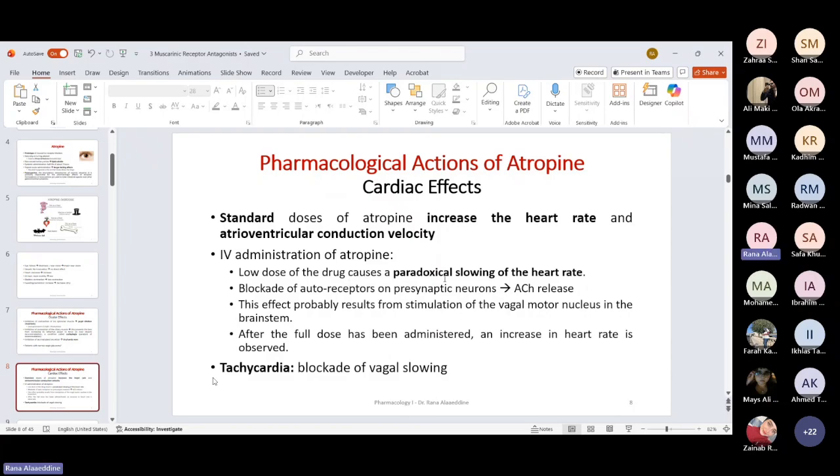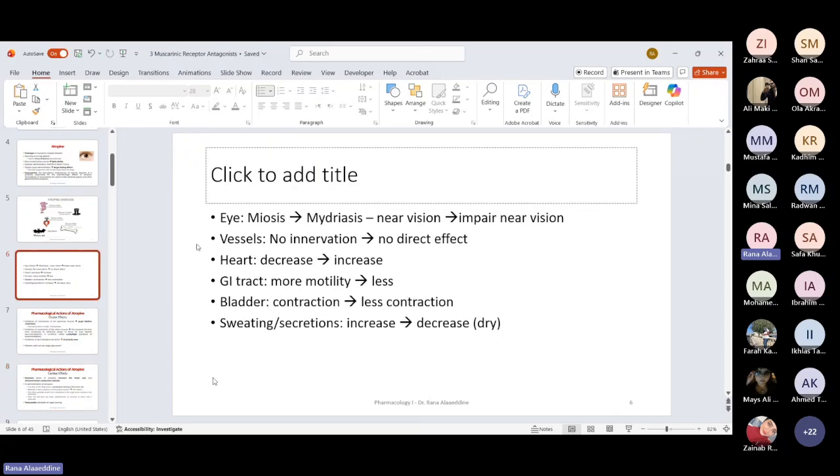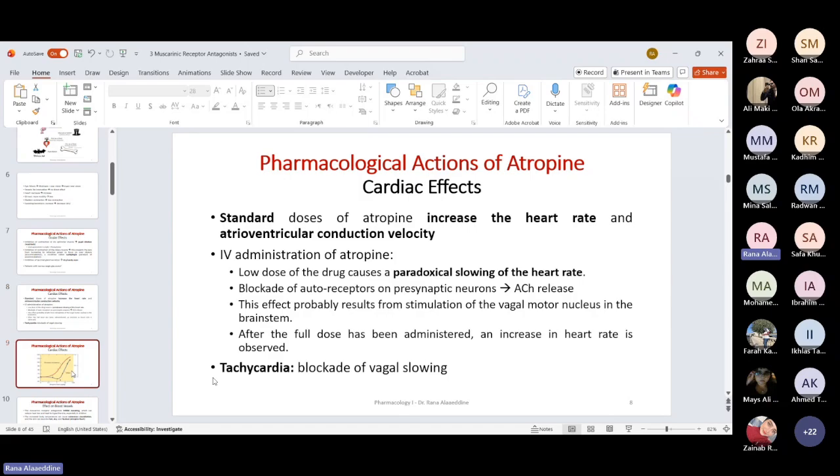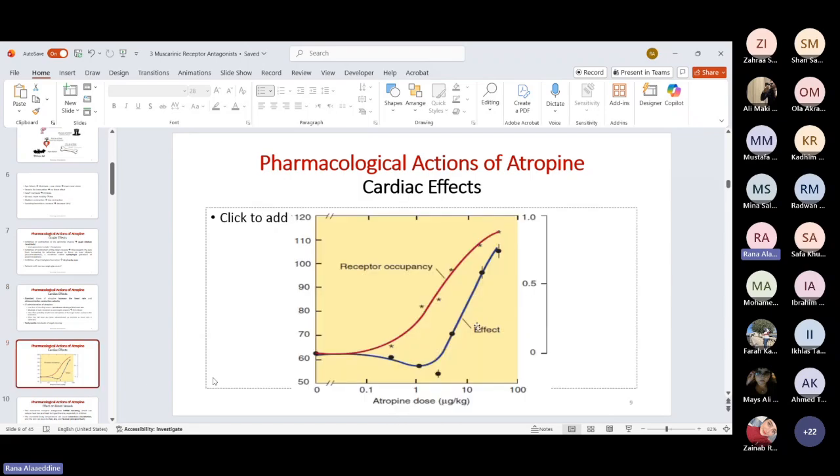The effect on the heart, overall, as you mentioned, is going to be an increase in the heart rate, which is 100%. Let's go over here. See here, the effect on the heart rate is an increase. But what do we have over here? Do you see this slight decrease at the beginning?